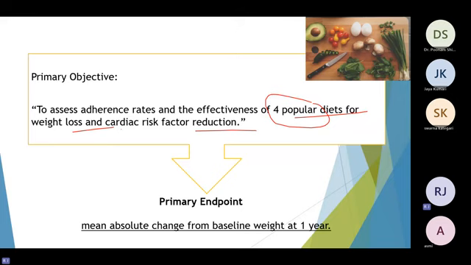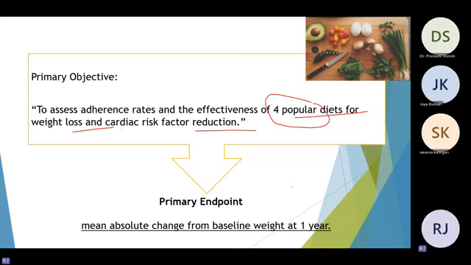Now, how will I come to know whether my primary objective is met or not? For this, we check the mean absolute change from the baseline weight at 1 year. It means we'll check the weight before enrolling the subject in the clinical trial, and after 1 year we'll check the weight of the subjects. Then we'll see the percentage change. That is the endpoint, meaning the parameter. Weight is our endpoint here, and the percentage change in weight is our endpoint.